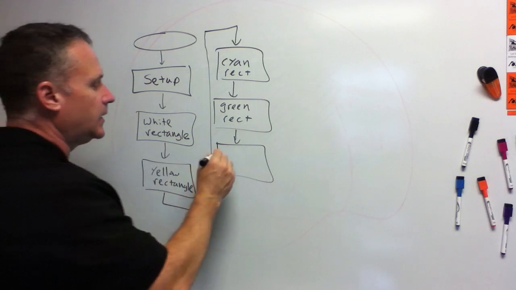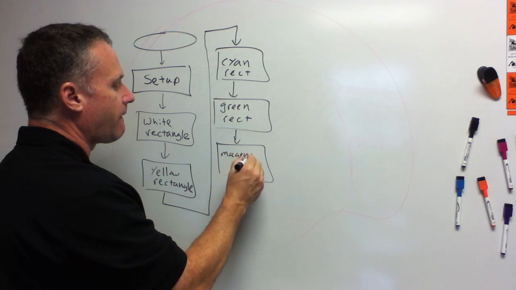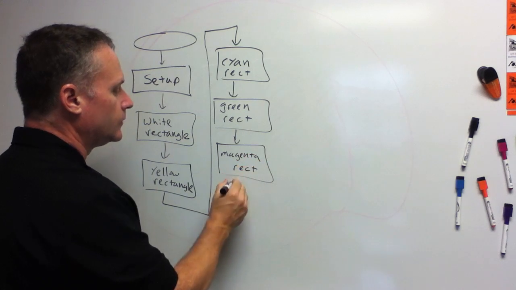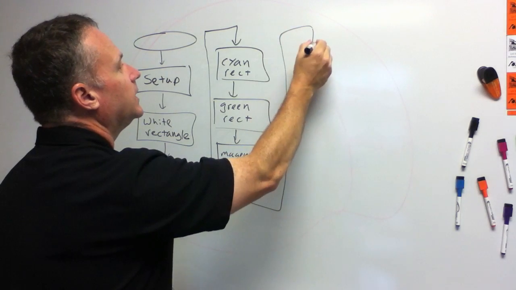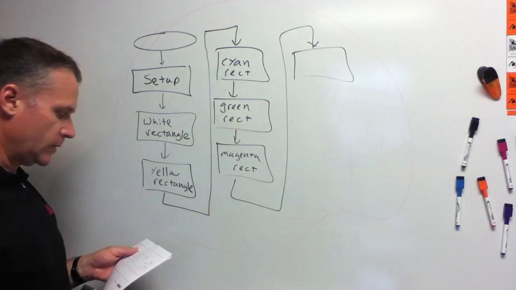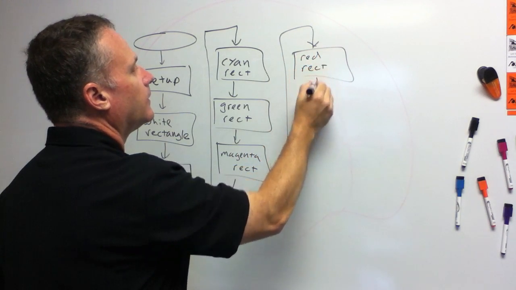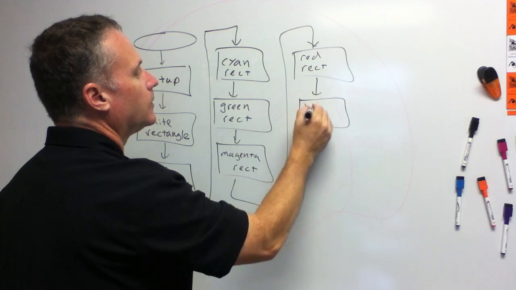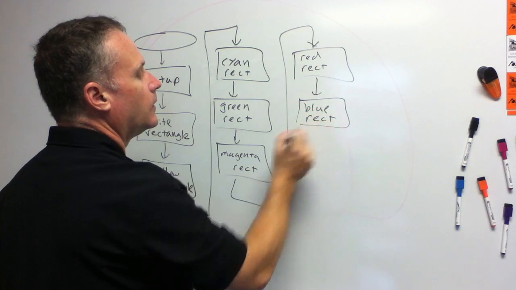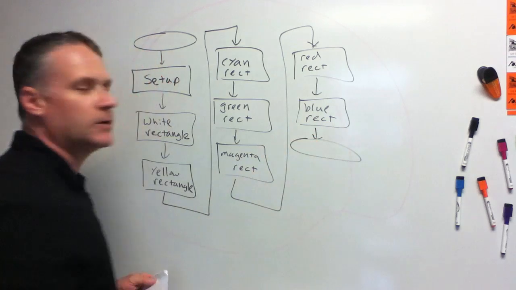Then magenta. And moving over again. After our magenta one, we have red. And then finally blue. And that is the algorithm.